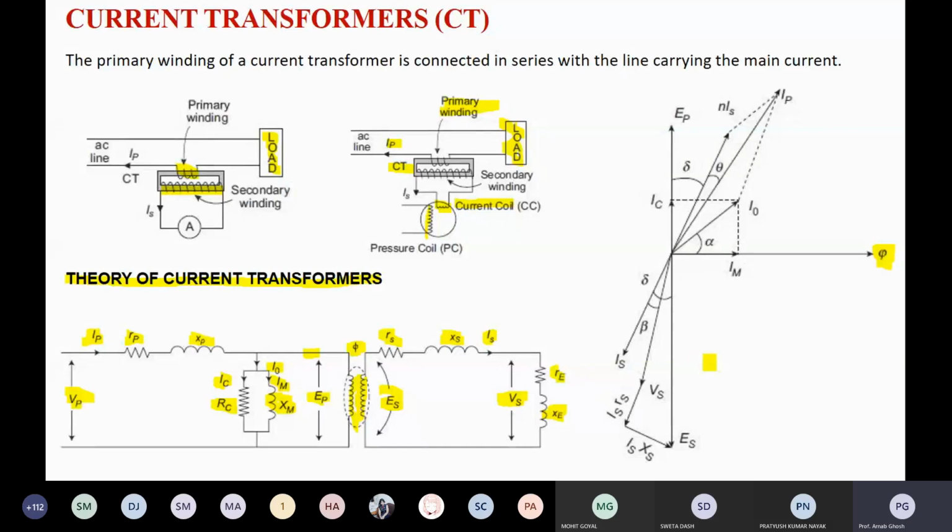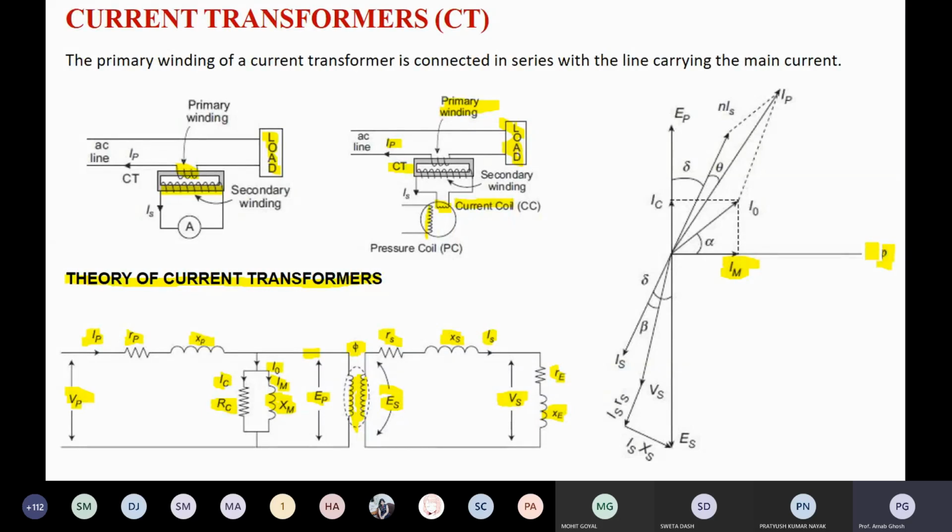So you are making phi your reference. If phi is your reference, then what will be the current? Phi means the lines of force, the flux line. So definitely the magnetizing current and phi should be in the same phase. That's why you make IM in phase with phi. Then what is the value of IC? Definitely it will be 90 degrees leading with your IM.